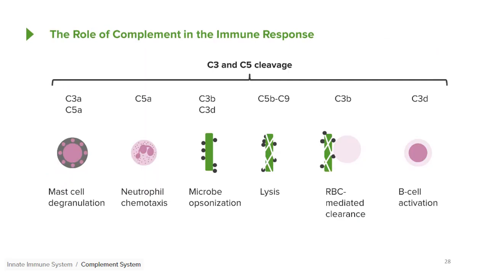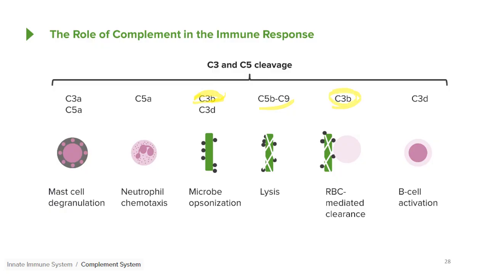Oh, here we go. You have all these proteins here. C5a and C3a, those are important for degranulation. C5a is most potent for chemotaxis, but C3a also. Okay. C3b, we focus here on C3b, okay, is important for opsonization. Then you have your membrane attack complex.